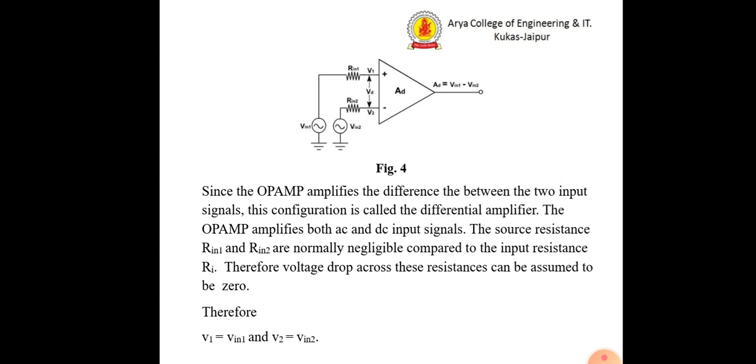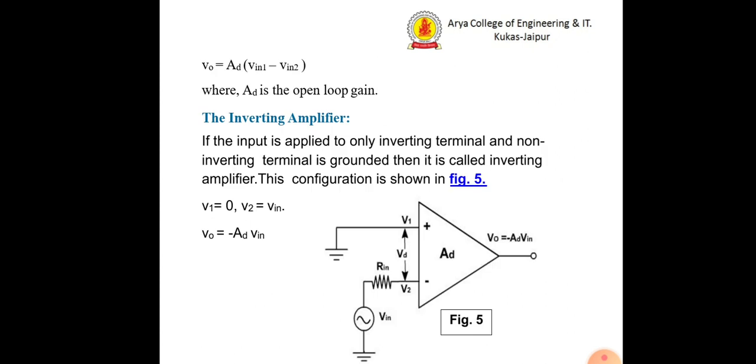So V1 is equal to Vin1 and V2 is Vin2. That is why it is written at the output that the output is almost equal to AD times Vin1 minus Vin2. Here AD is the open loop gain.